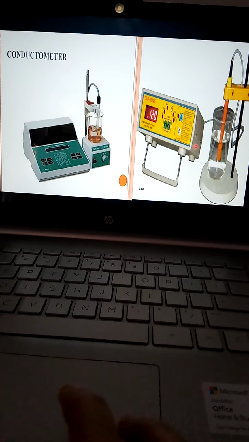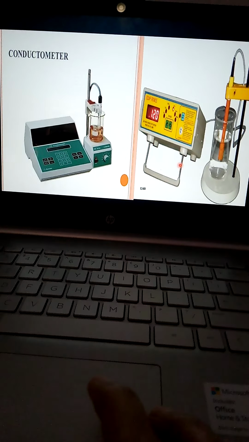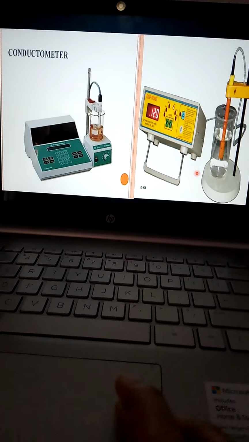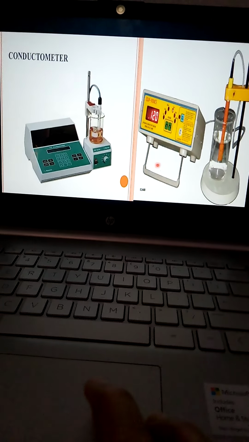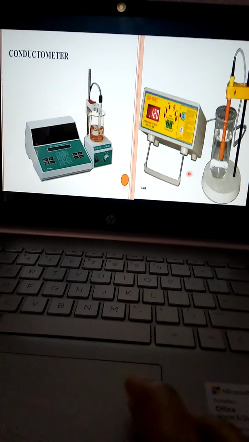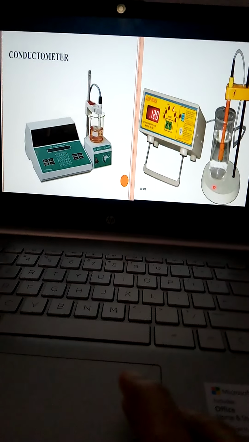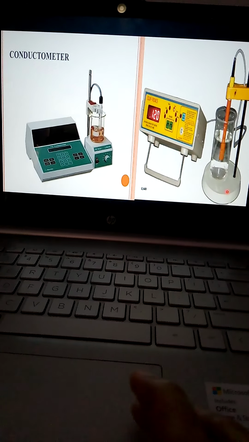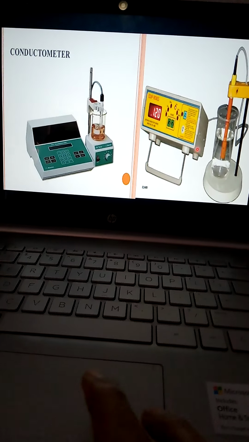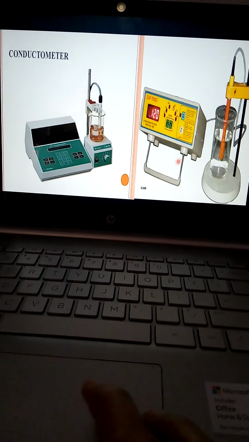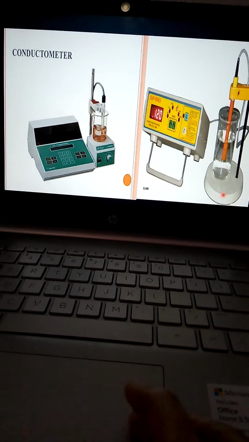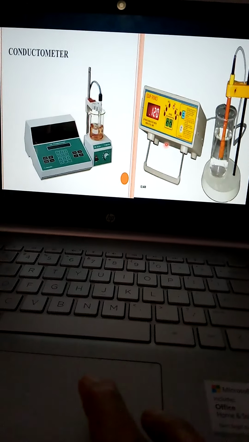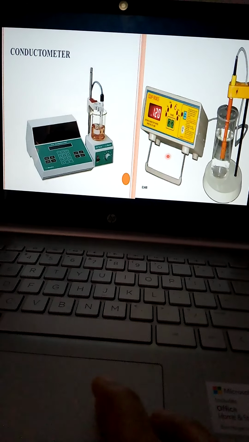If it is clear, next we will learn the graphical representation of conductometric titration of strong acid versus strong base. Here the strong acid is HCl and the base is NaOH. While plotting a graph of volume of NaOH versus the conductance of the solution, on the x-axis you take the volume of NaOH added and on the y-axis the conductance of the solution.